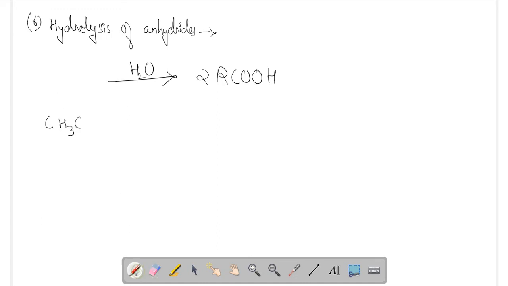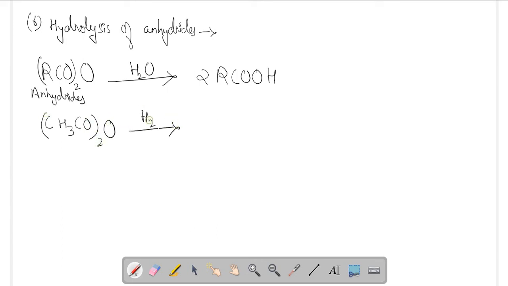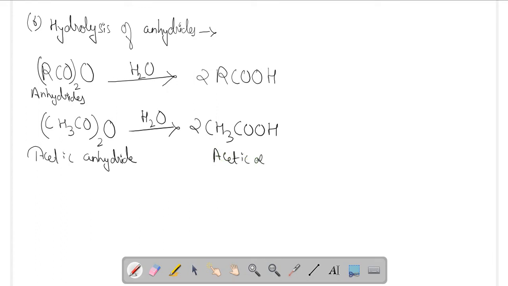The correct formula will be RCO twice O. It will be acid anhydrides. So CH3CO twice O, on hydrolysis will produce 2 times CH3COOH. Okay, this is acetic anhydride, and acetic anhydride is producing acetic acid.